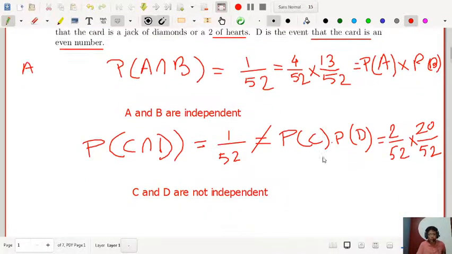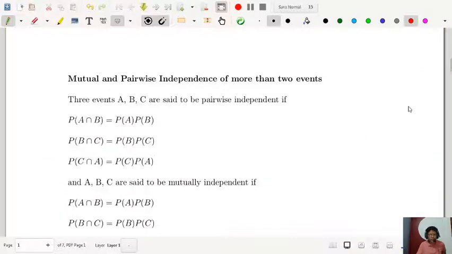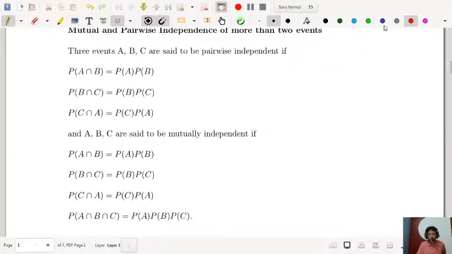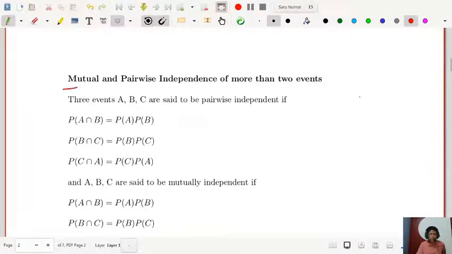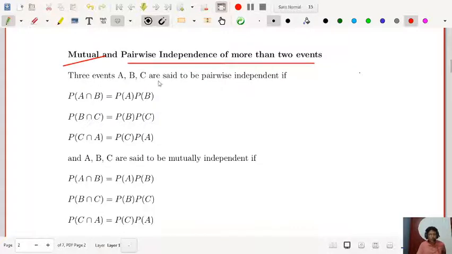Okay, so let's come to the next part. We will talk about mutual and pairwise independence of more than two events. We shall now talk about what is mutual independence and what is pairwise independence. First we'll define for three events.